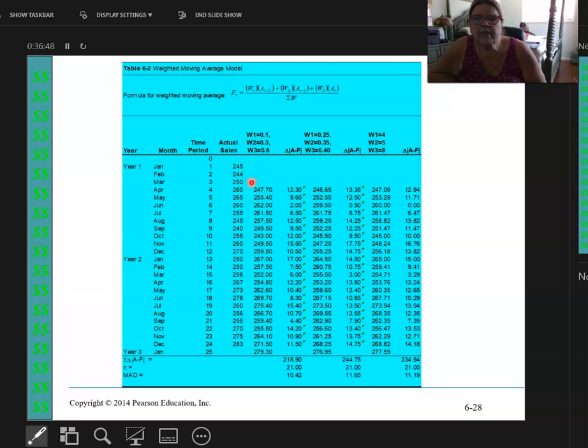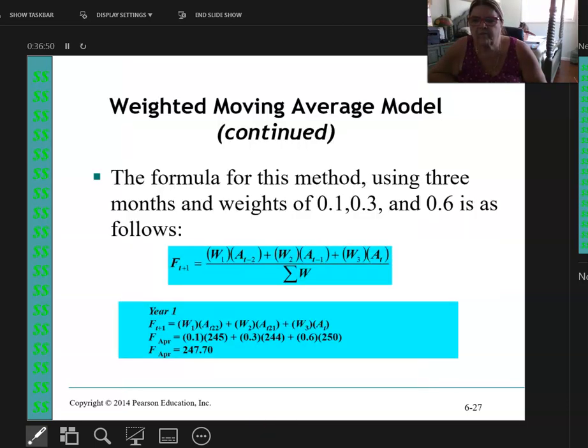What they're saying is that January, I weighted it as 0.1, February was weighted as 0.3 and March was weighted as 0.6. Again, how you determine the weights is based upon the person doing the forecasting.